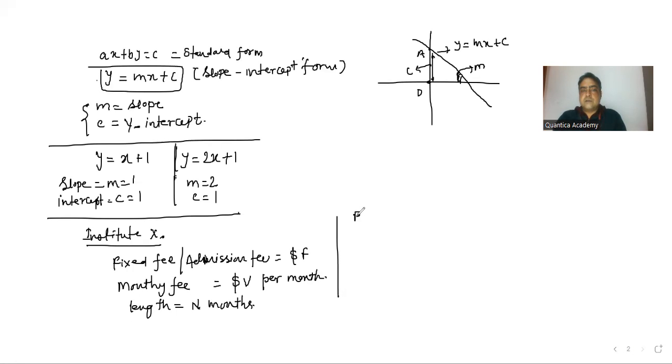So how much will you pay in these n months? The total payment will be: first you pay $F to get admission, then you pay V dollars each month. And how many months are you in the course? N months. So we multiply this V by N. So your total payment will be F plus N into V. If we denote this payment as P, then we have the equation P equals F plus NV.